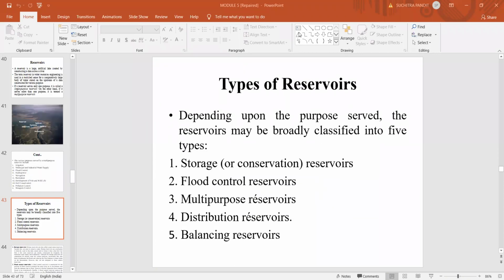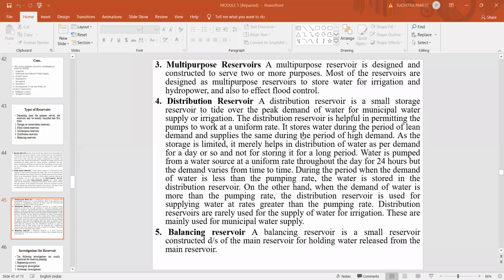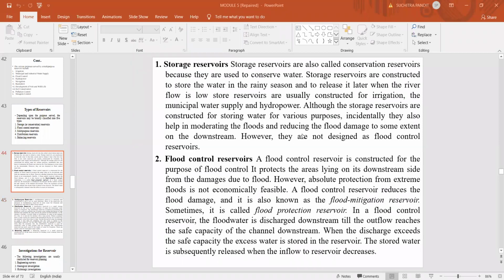The types of reservoirs, depending upon the purpose, may be broadly classified into a storage reservoir, a flood control reservoir, a multi-purpose reservoir, a distribution reservoir, and a balancing reservoir. What are the different types of reservoir?